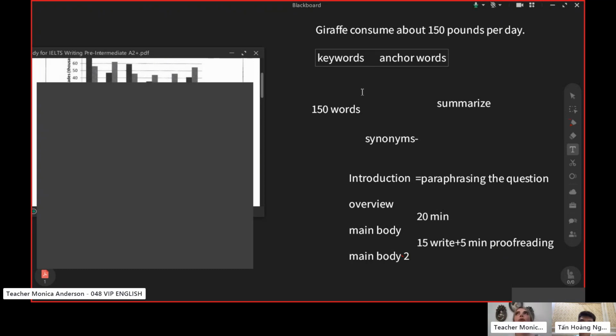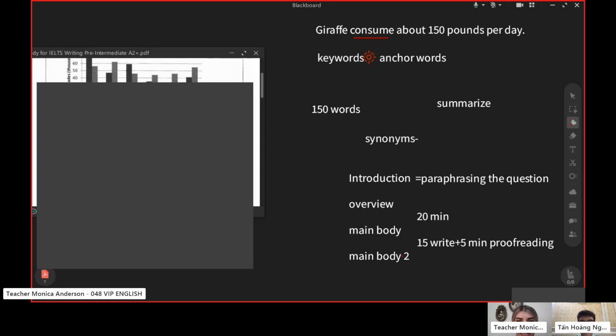Keywords are the most important words and parts of a sentence that actually can be replaced by synonyms. So they are really important, something like verbs, but we can actually use a synonym of them. For example, I have consume. This is a verb here.